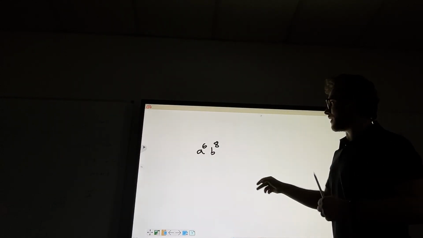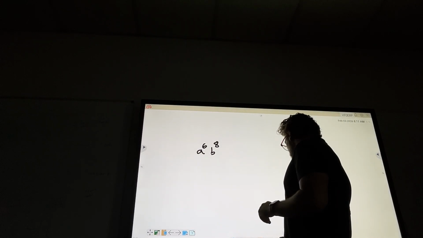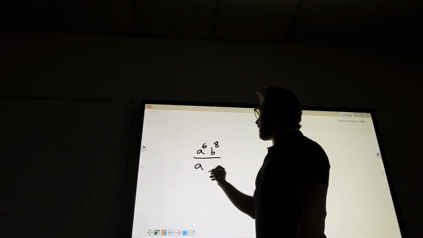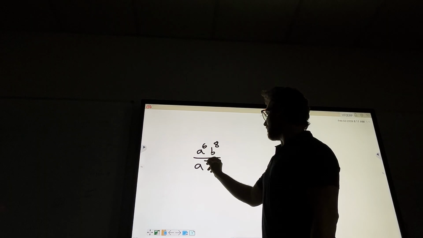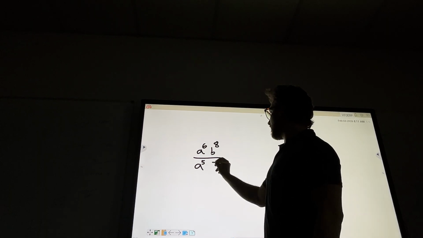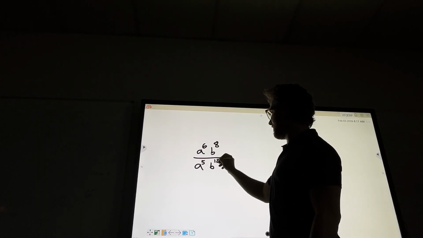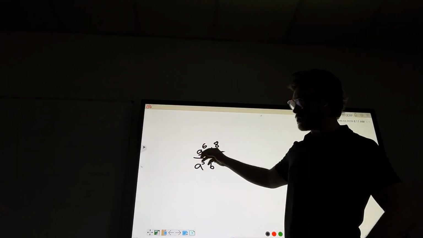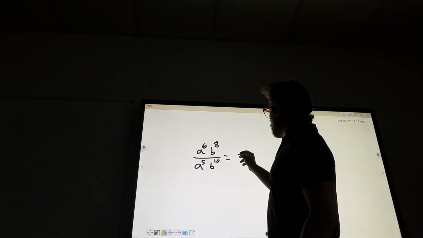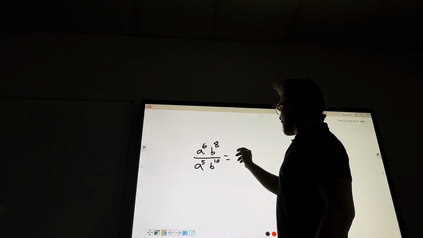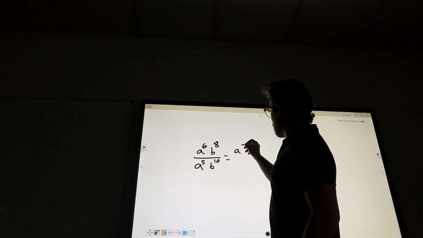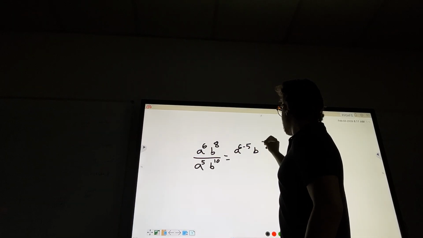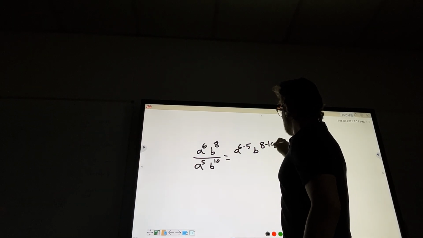If we take that A to the power of 6 and B to the power of 8, and we were to divide it by A to the power of 5 and B to the power of 10, what we're going to do here is subtraction. So we have A to the 6 minus 5, and B to the 8 minus 10.